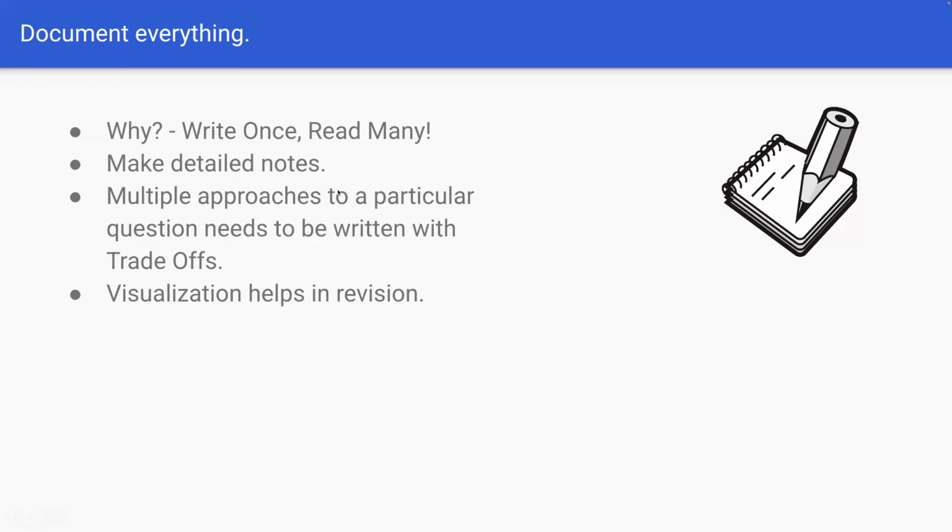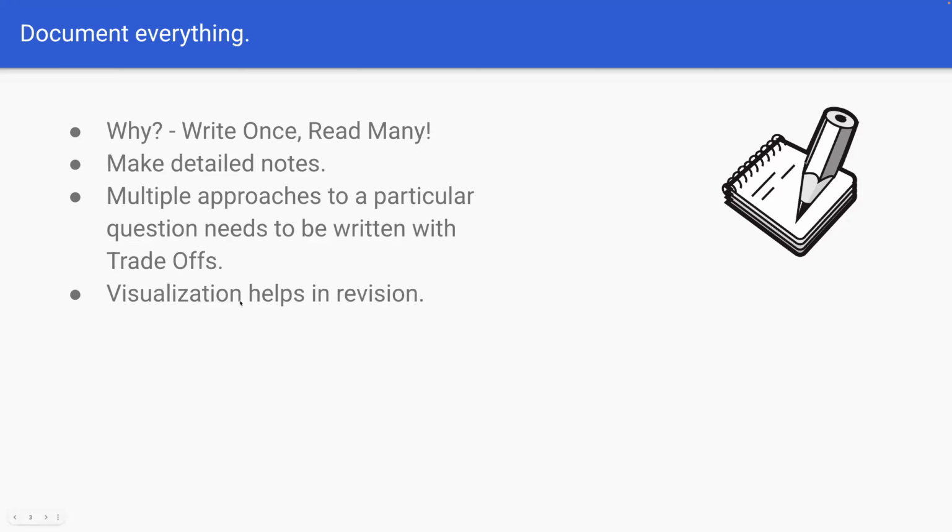While you prepare, these are just a few pointers. Once you start studying any of the high level design or the low level design, especially for the interviews, make sure you document everything on this journey. First, you just do it as a one-time investment, and once you have your notes, you can just revisit them. There are multiple ways to solve a particular problem, and while you're studying, you'll see multiple trade-offs we face between designs.